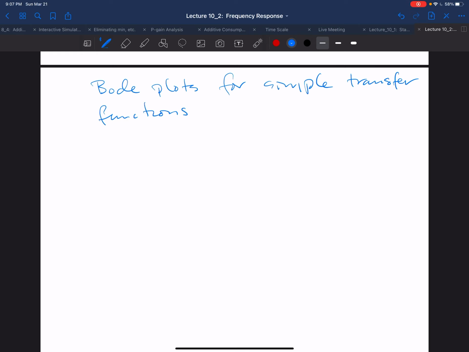It's probably a good idea to start with an integrator. As you know, if you feed a sinusoid into an integrator, the output is going to be sinusoidal as well. So let's take a look at the frequency response, which characterizes the ratio of the amplitudes and the phase shift that this sinusoid goes through.